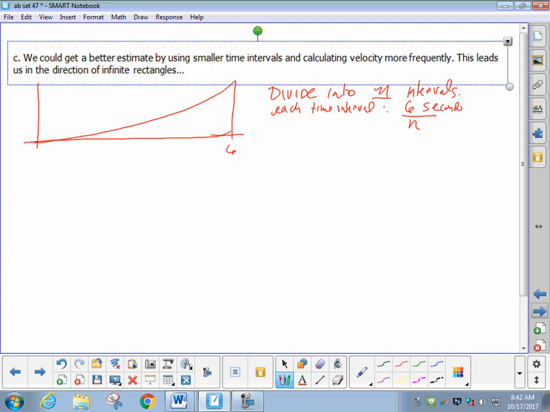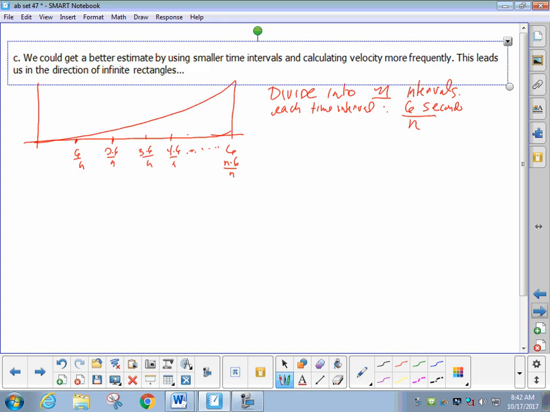Let's say I call this my first subinterval, 6 over n. This would be 2 6 over n's, and this would be 3 6 over n's and 4 6 over n's, doing that some number of times until I got to the last one. How many rectangles are there? n. So the last one would be n times 6 over n, which is just 6. So it's all good.